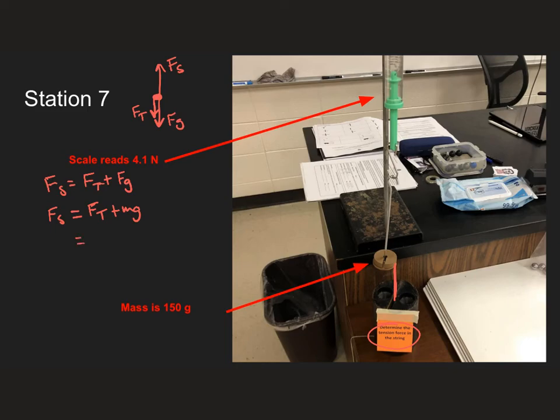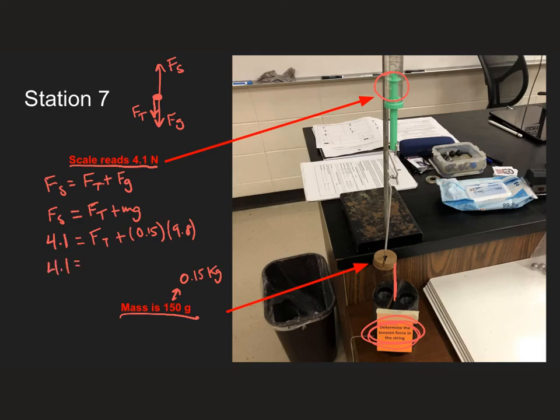Now, where can I find numbers? The scale reading 4.1, that's directly pointing towards the spring scale. That is my spring force. A mass of 150 grams converts to 0.15 kilograms, so I'm going to put that in for the mass here. I know g is 9.8, so what I'm looking for is the tension, which is the question. Determine the tension force in the string.